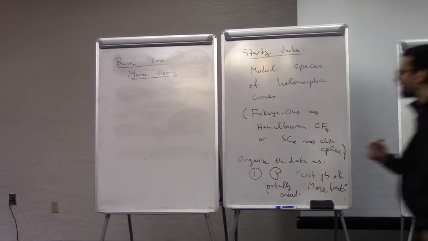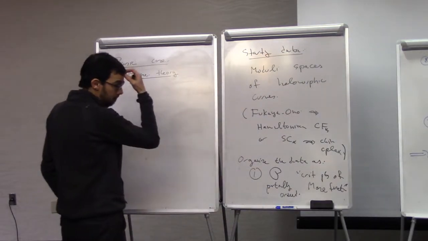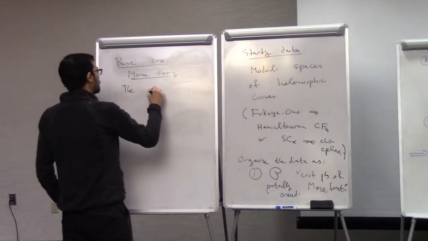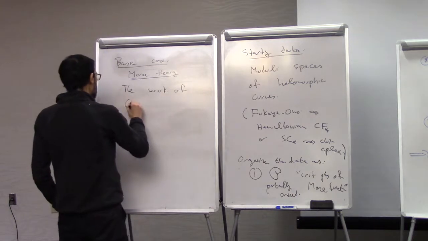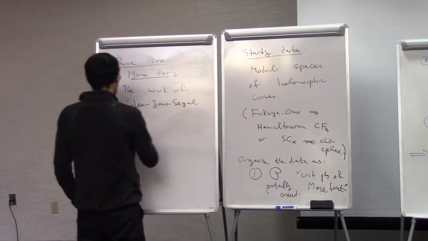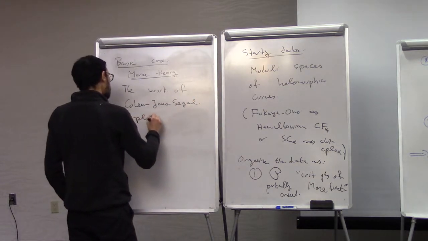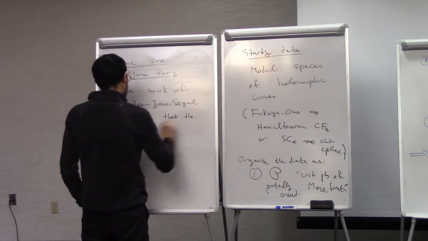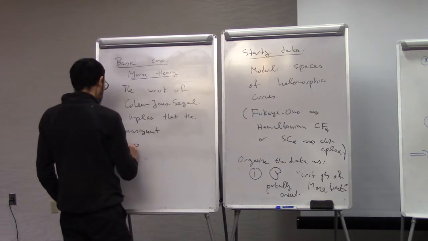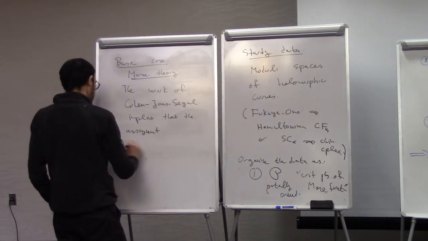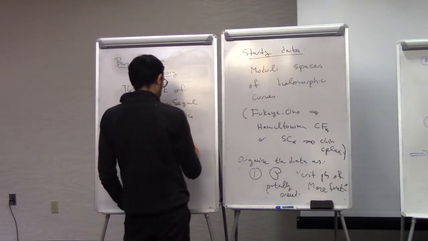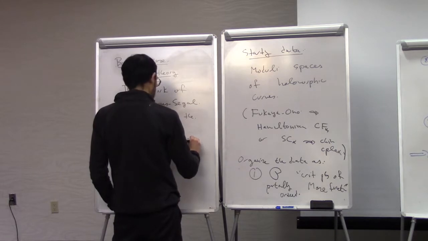In that case, the work of Cohen, Jones, and Segal implies that the assignment which sends every critical point to the chains of the sphere bundle on the negative eigenspace.